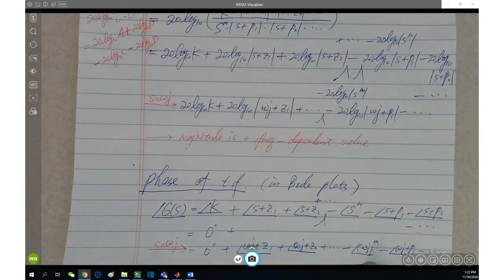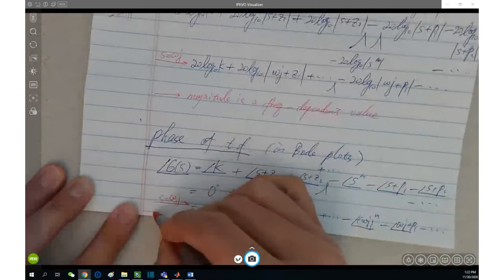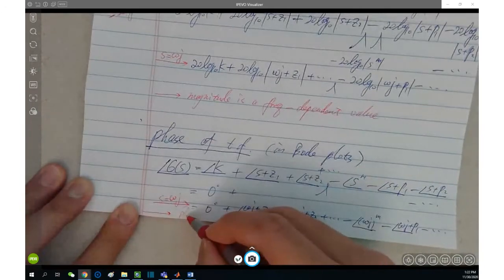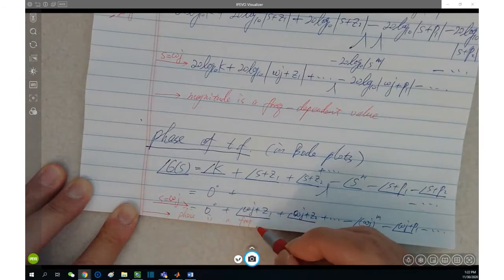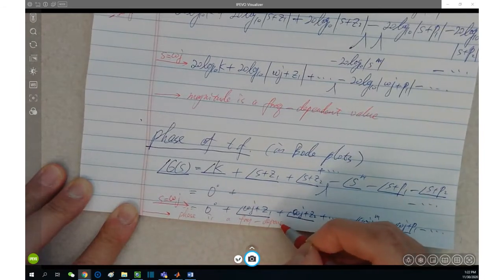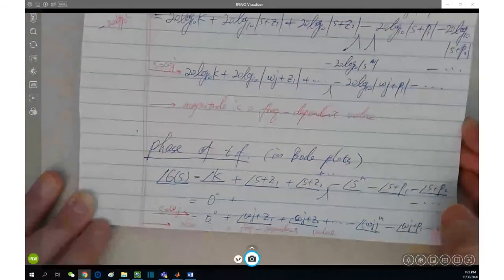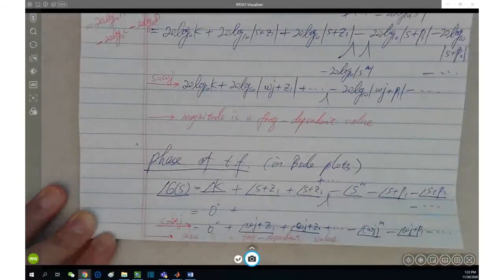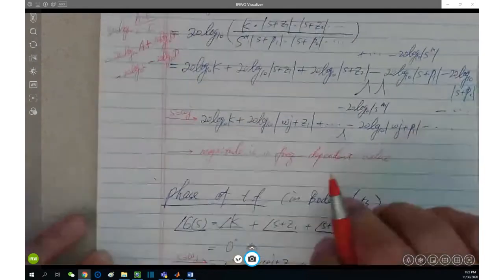In other words, we have a conclusion: phase is a frequency dependent value as well. The phase of a transfer function, whatever transfer function it is, is a function of frequency f.